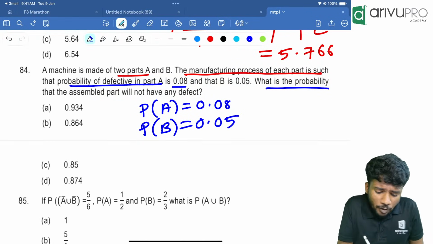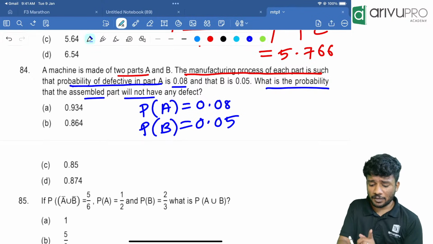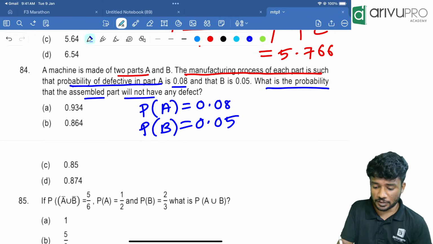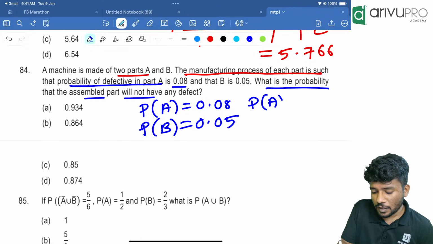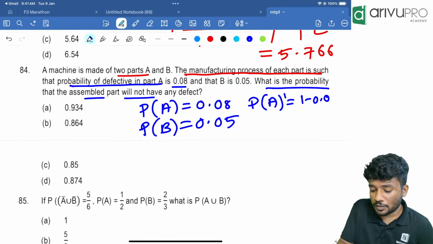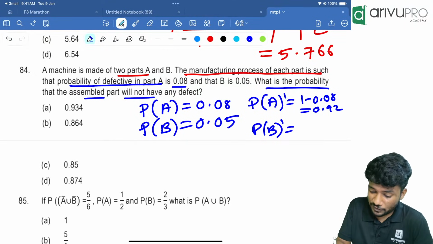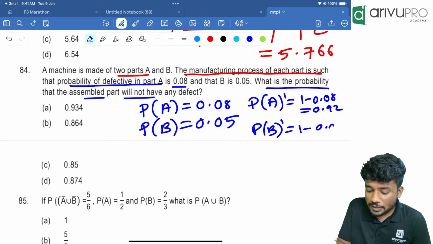Then what is the probability that the assembled part will not have any defect? People, probability of having a defect of A is how much? 0.08. Then P of A complement, that means having no defect, is how much? 1 minus 0.08, which is equal to 0.92. Then P of B complement, that means B not having a defect, is how much? 1 minus 0.05, which is equal to 0.95.